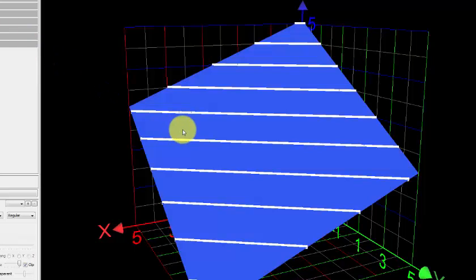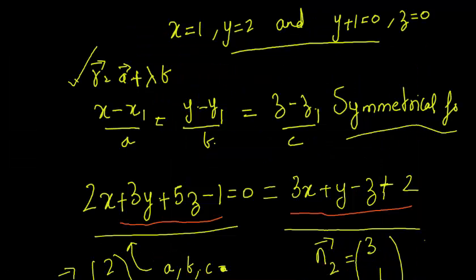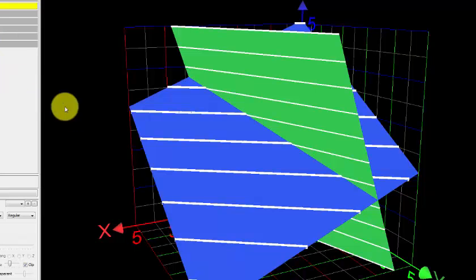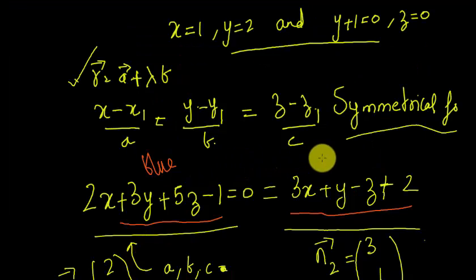That's the first plane that I plotted, which is this one. This was in blue color. Then I have the other equation here, and that's in green color.